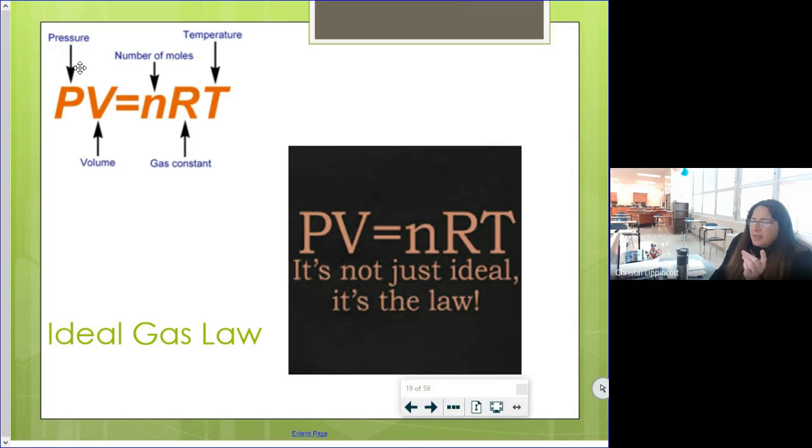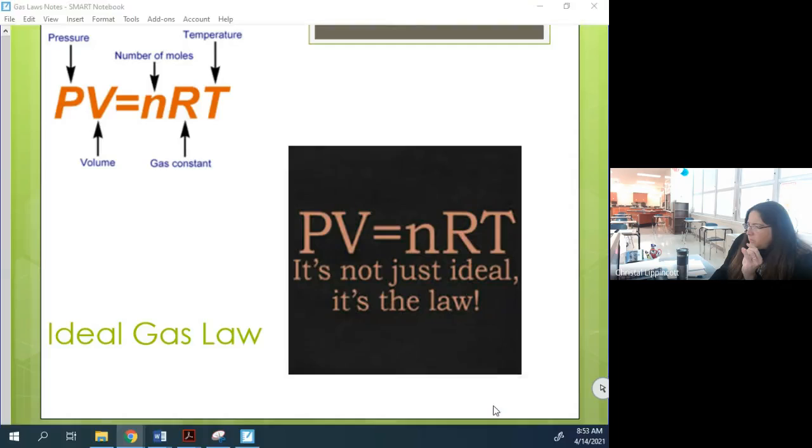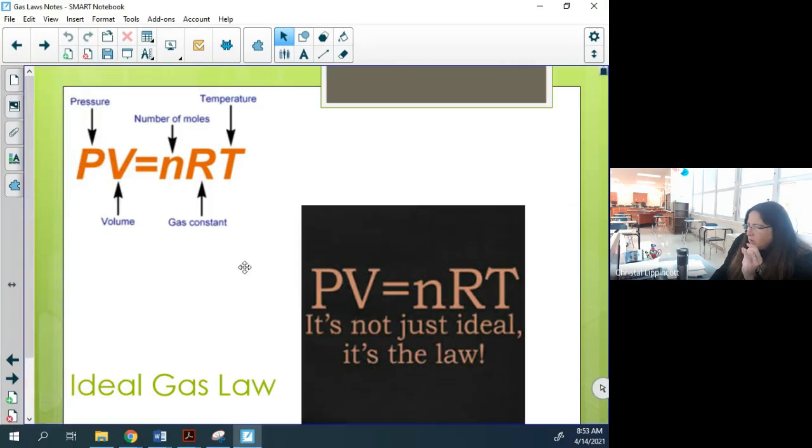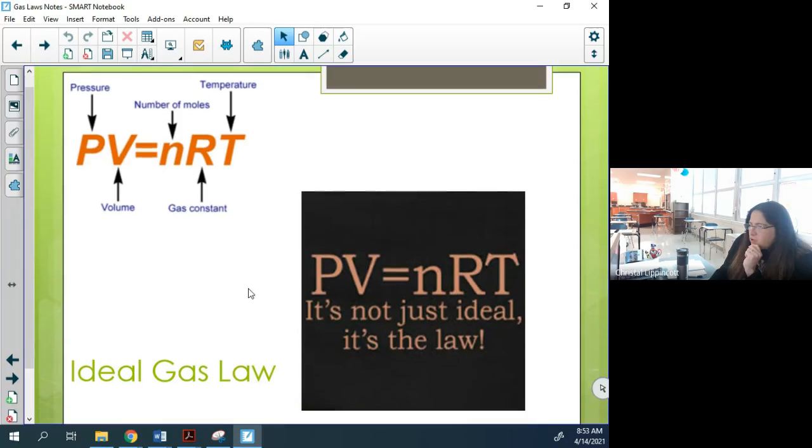I think Avogadro's principle fits better into gas stoich. So I want to do ideal gas law. If you can skip in your notes to where it talks about ideal gas law, that's where we're going to start today.